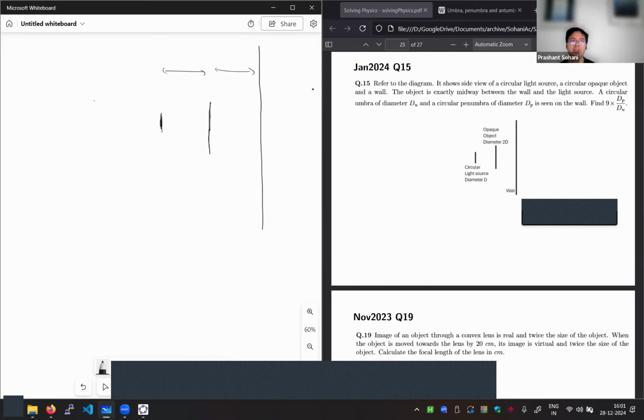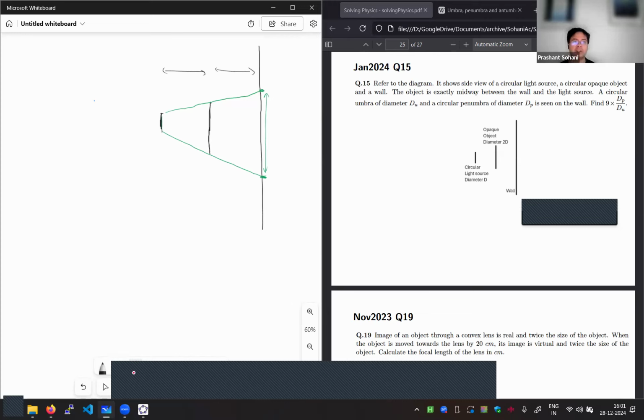Okay. And now let us trace the light rays. For the umbra, if I join this line, because the object and the light are both circles, the shadows are also going to be circles. So this is the diameter of my umbra. Like this distance is the diameter of my umbra, and then what about the penumbra?